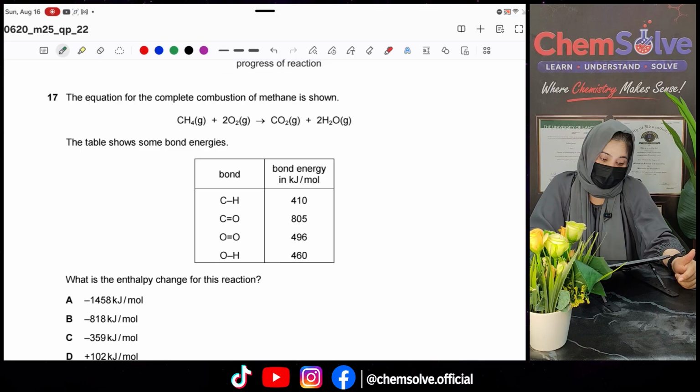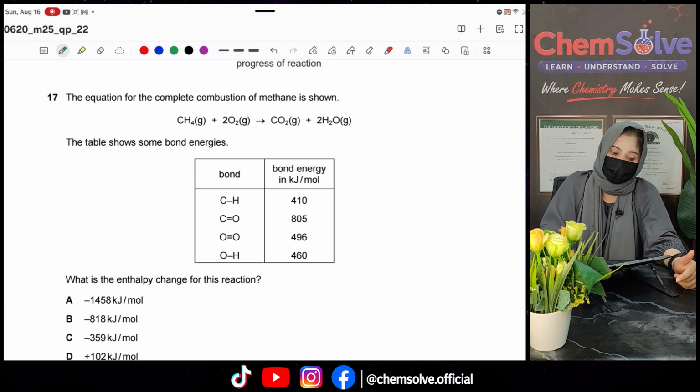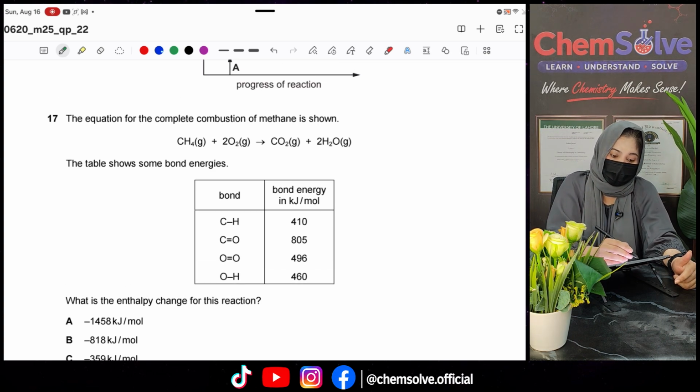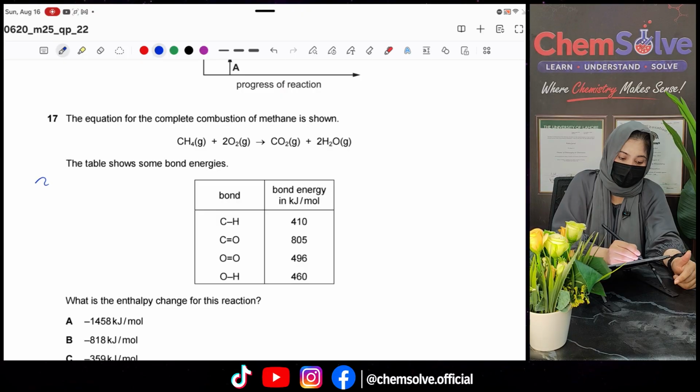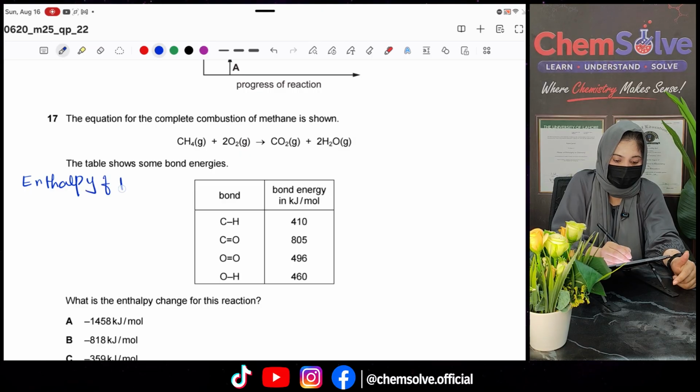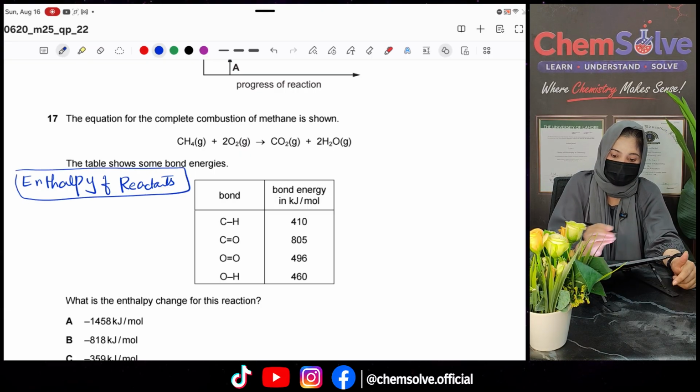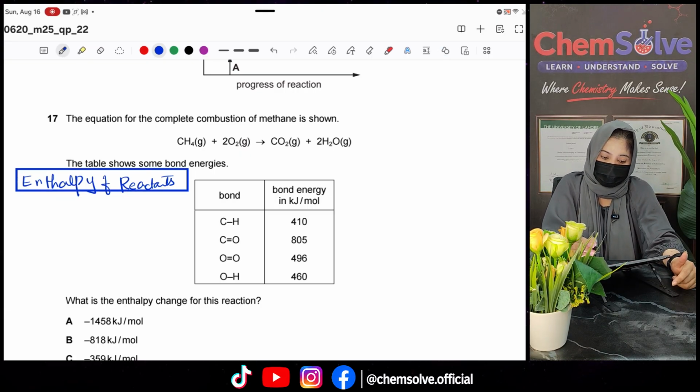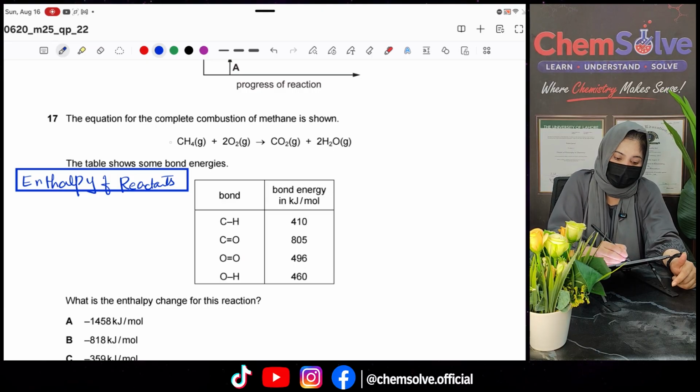Again, a lengthy calculation. The equation for the complete combustion of methane is given. The table shows some bond energies. What is the enthalpy change for this reaction? So we will calculate the enthalpy of the reactants first. CH4, it is basically like this.